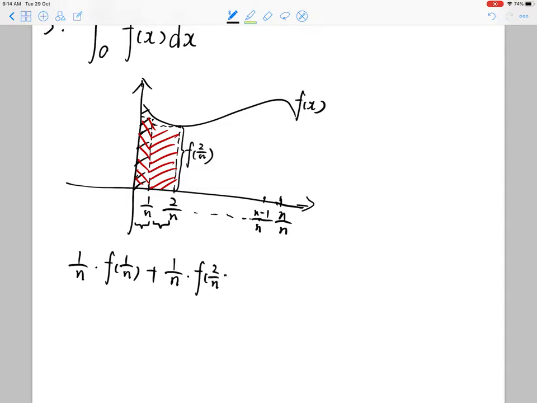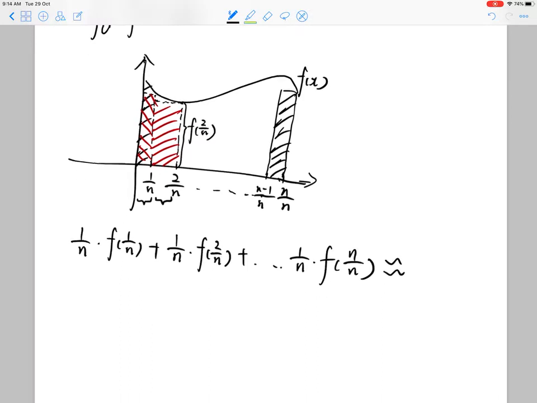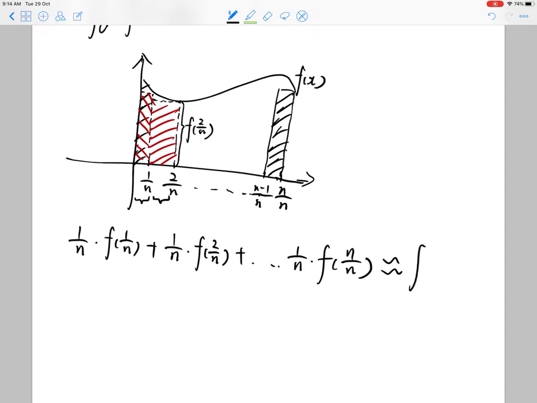You can imagine all the way to the last rectangle. The width is 1 over n, the height is f(n/n). So the sum of all these rectangles is approximately the area under the curve. For the area under the curve, we can use the integration to denote.